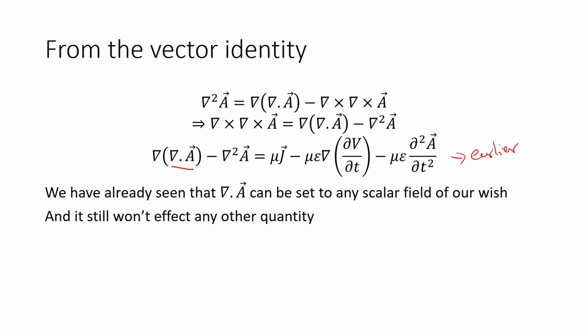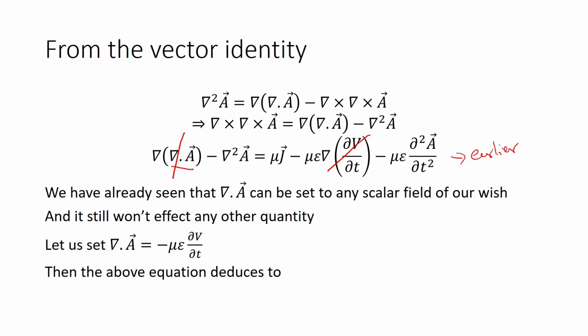So if we set the divergence of A bar to be minus mu epsilon times dou V by dou T, then this value and this value both cancel out. And what I would be getting is Laplacian of A minus mu epsilon times dou square A by dou T square is equal to minus mu J bar.